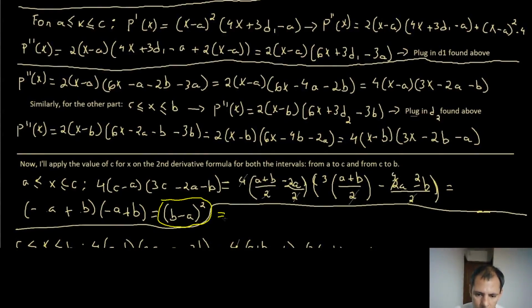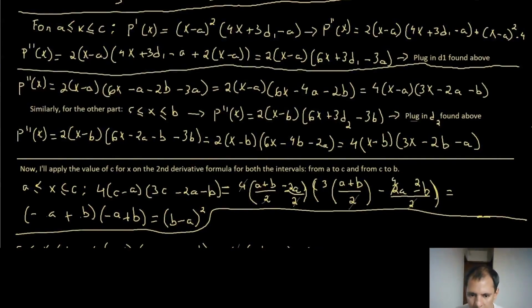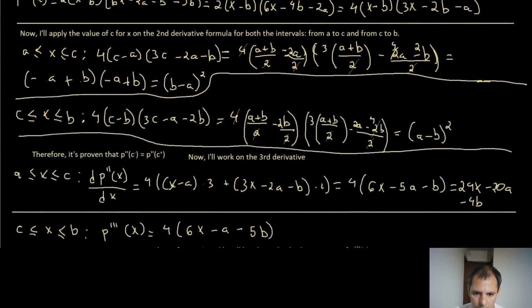This equals the second derivative of p of x to the left of c. That's what this b minus a squared equals. You're going to do the same thing for p of x to the right of c. So you have this thing here, you plug in c, you replace c with a plus b divided by 2, and you got this.